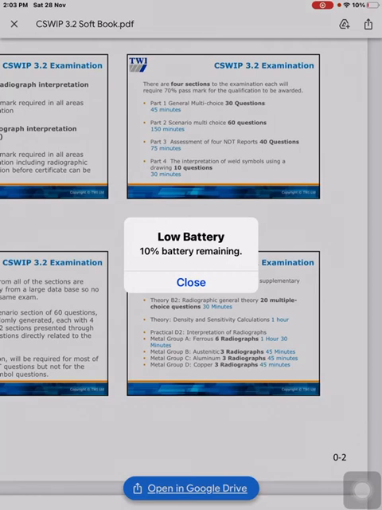I will let you know when we get there how you need to take readings from the densitometer on the given strip during the exam. So there are 10 questions, 5 from sensitivity and 5 from density, and you need to get 7 questions right to pass this portion of your exam.